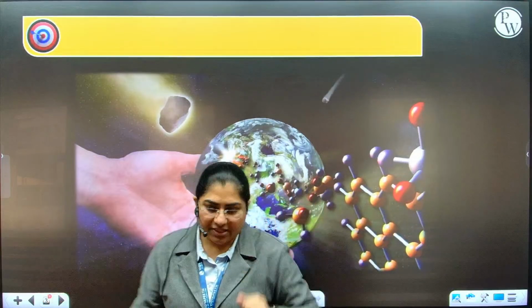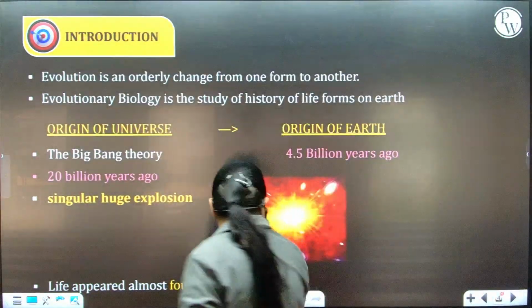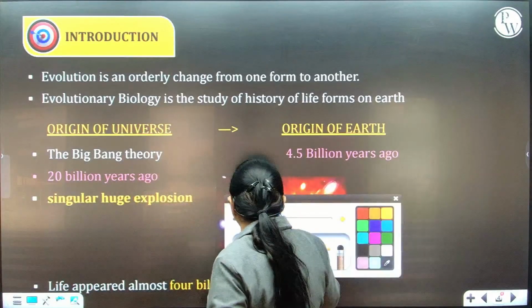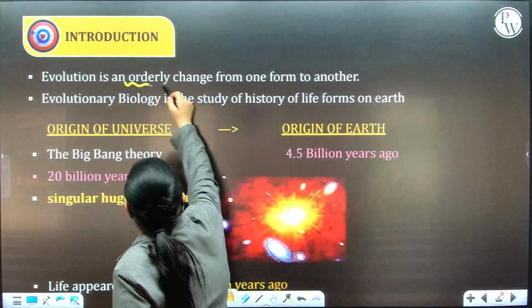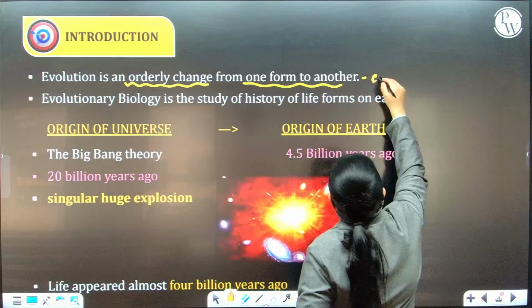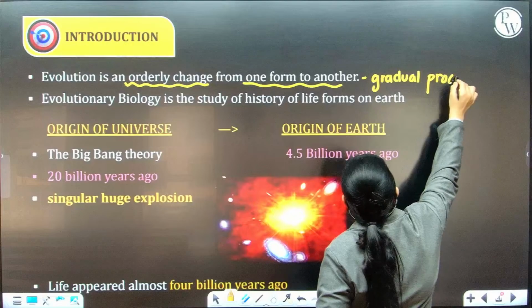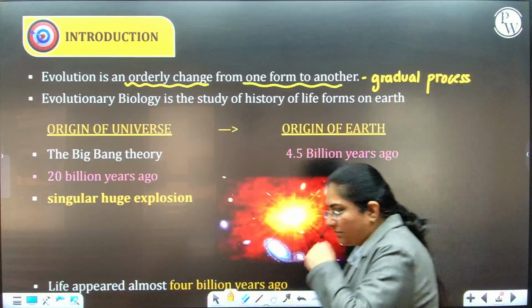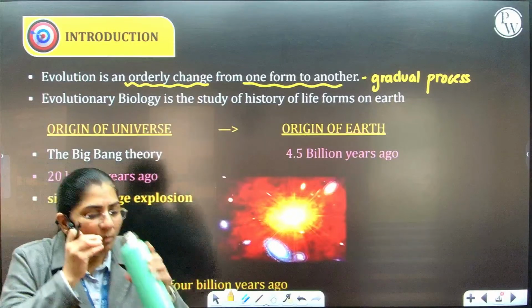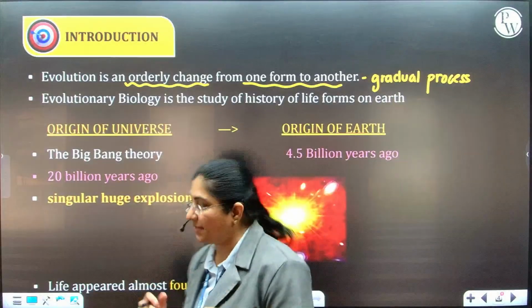NCERT has a sentence which says that evolution is an orderly change from one life form to another, and this is a gradual process. As I told you, it does not happen overnight, right?